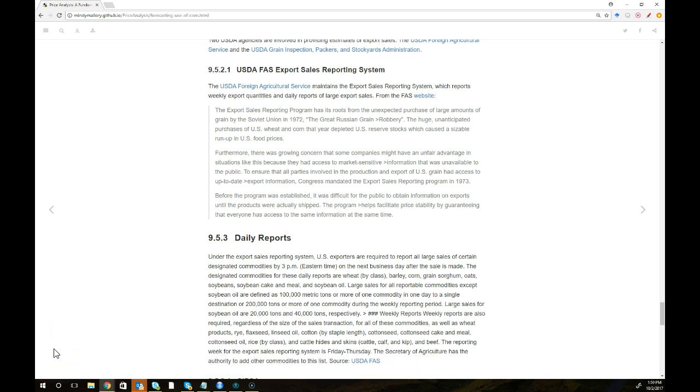So the export sales reporting system requires both daily and weekly reports to be made. A daily report only needs to be made in the case of a large export sale. And a large sale is defined as 100,000 metric tons in one day to a single destination, or 200,000 tons or more of a commodity from multiple destinations.